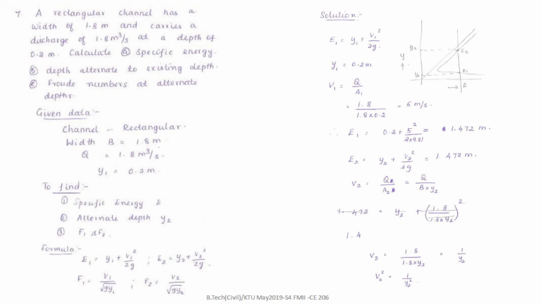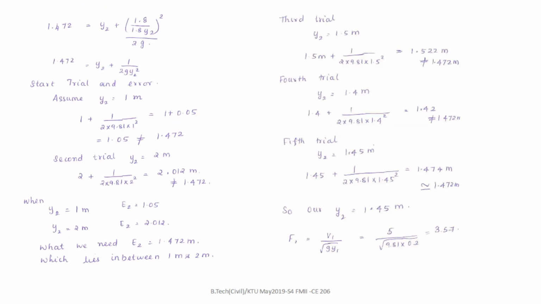B is given, Q is given. So V2 square is equal to 1 by Y2 square. You have to substitute in the E2 formula. So here 1.472 is equal to Y2 plus V square divided by 2G. You can't solve this directly, so how can we find the Y2 value?